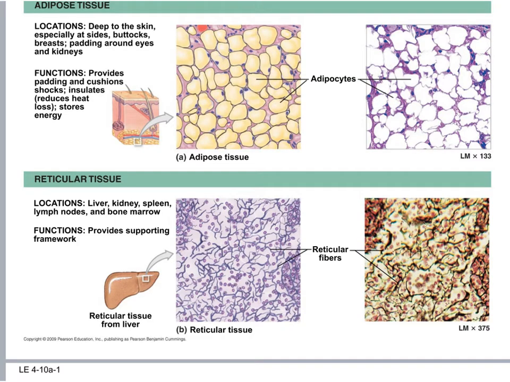But what you have to know for lab is that in connective tissue proper, we either have loose connective tissue proper or we have dense connective tissue proper. Okay? Loose just means that there's a lot of material, which we call the matrix, surrounding the cells.